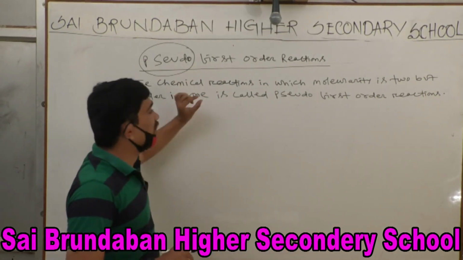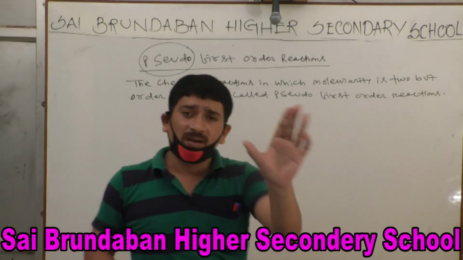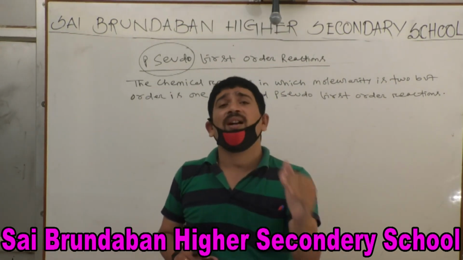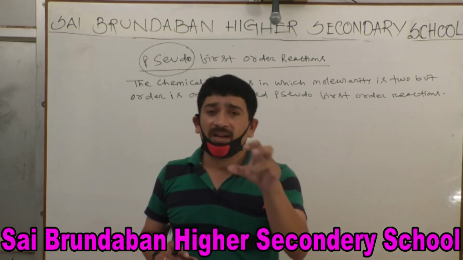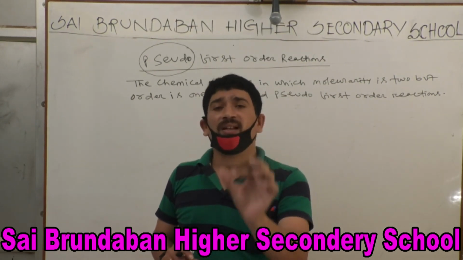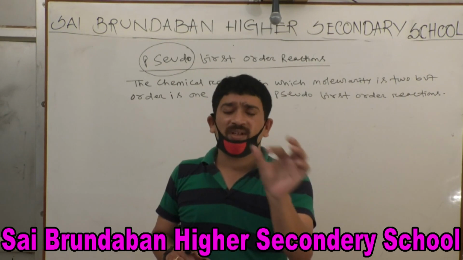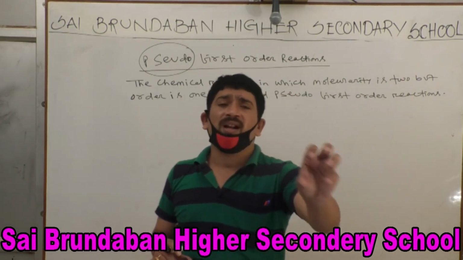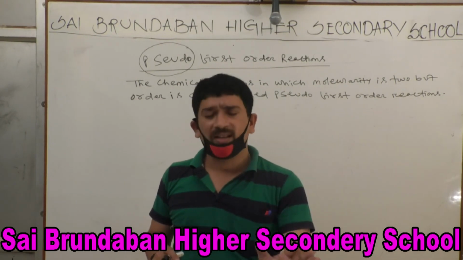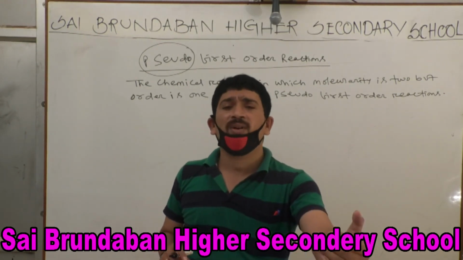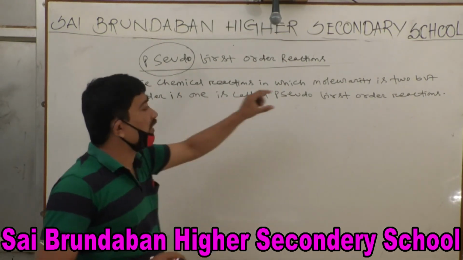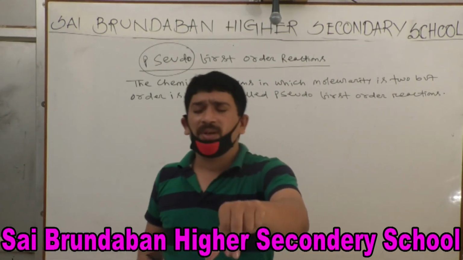Already we have discussed what is order of reaction and what is molecularity of reaction. Molecularity of reaction is defined as the number of reactant species which collide simultaneously in order to bring about the chemical reaction. On the reactant side, add the coefficients of the reactant species. Molecularity of reaction is purely a theoretical value. Looking at this reaction you can predict the molecularity. But order of reaction is determined from the rate equation or rate law.